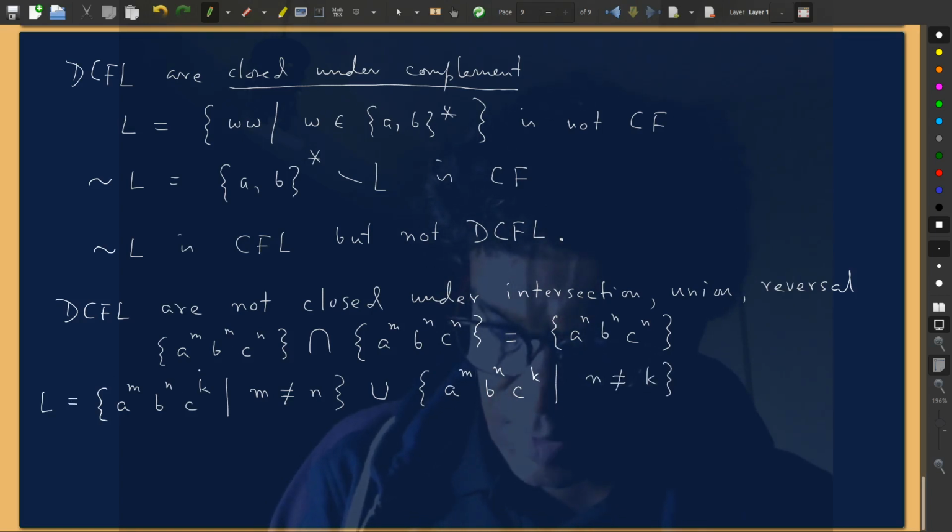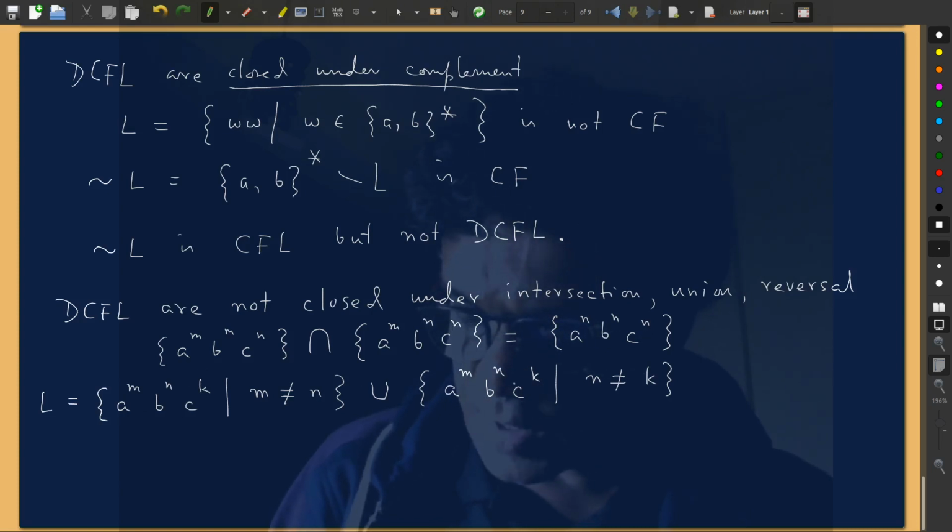Like this, you are essentially checking inequality, m not equal to n. So you can actually design a deterministic pushdown automaton for this. And then the C power k, k is arbitrary. You can easily prove that this is a DCFL. Likewise, here m can be arbitrary, only n and k must mismatch, the number of b's and number of c's. Once again, you can design a DPDA for that. So these two languages are in general DCFL. But their union is not.